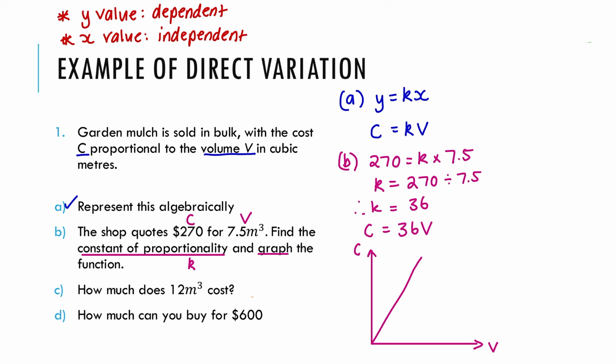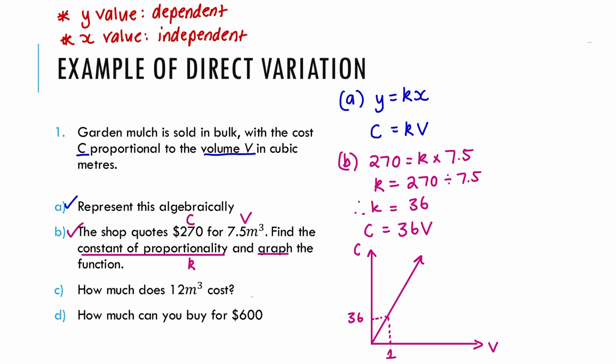So I'm going to draw a straight line like this. And then to show the marker that I've graphed it correctly, I'm going to pick a point to label. So let's just say, for example, when the volume is 1 meter cubed, then the cost of that will be $36. So that's part B done.